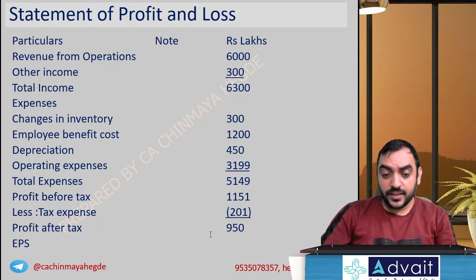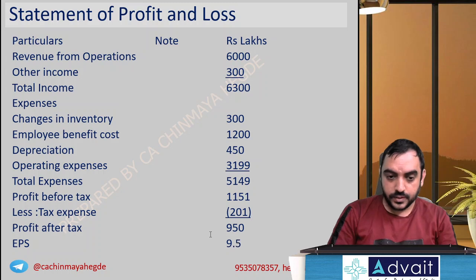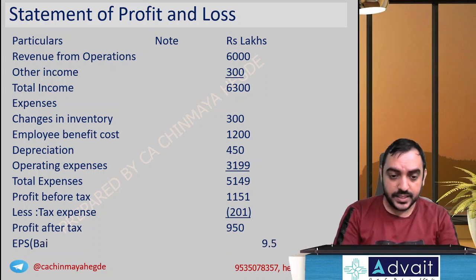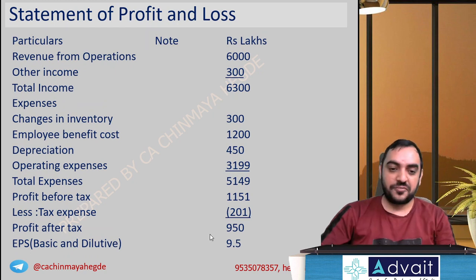So divide by 100, you get 9.5. Basic and diluted, both of them are equal. Both are 9.5.